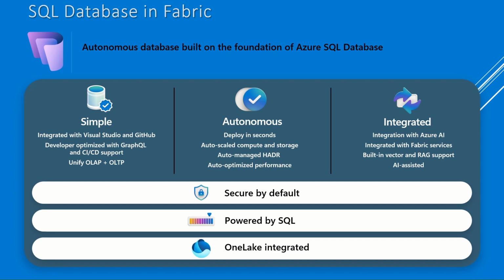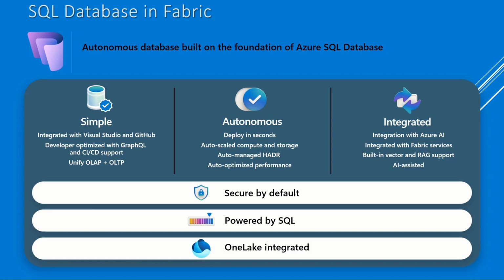And we also have a new member in the Fabric family. It was announced in public preview very recently in November. We now have a Fabric native SQL database, built on the foundation of Azure SQL that everyone knows and loves, providing a very simple, powerful, flexible, performant experience. Again, in the ethos of Fabric, you want to simplify the experience and provide a SaaS experience.